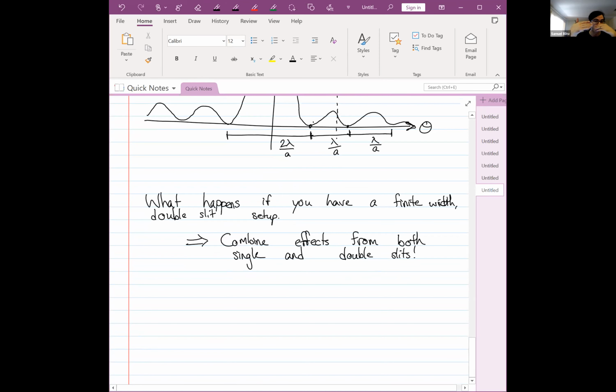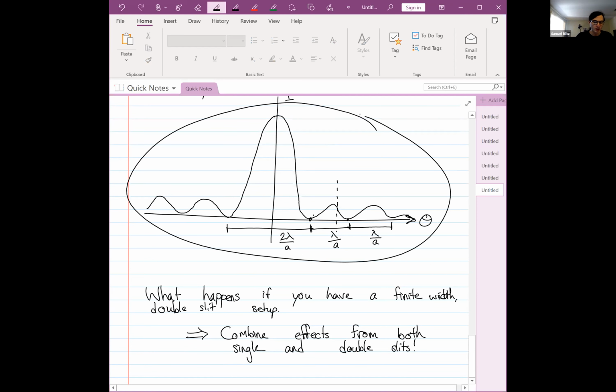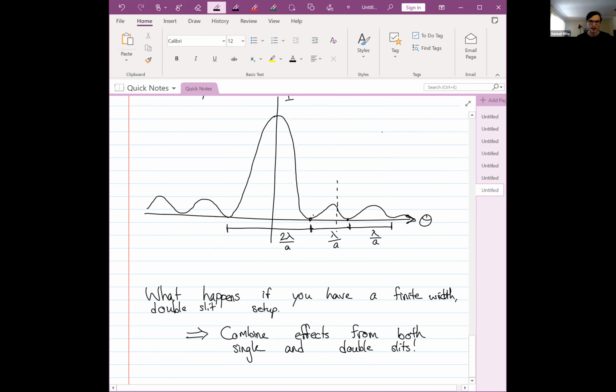Then what would you get? Well, it would have the same effect. It would push down the intensity pattern at different places by different amounts, the same way that it pushed it down for the plane wave. The double slit interference pattern already has its own pattern built in, and then it's smushed down by the single slit effect.